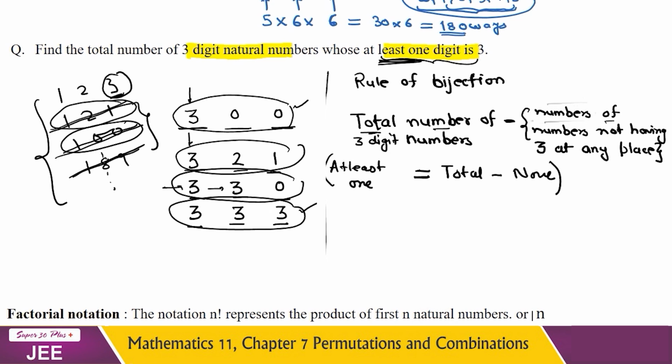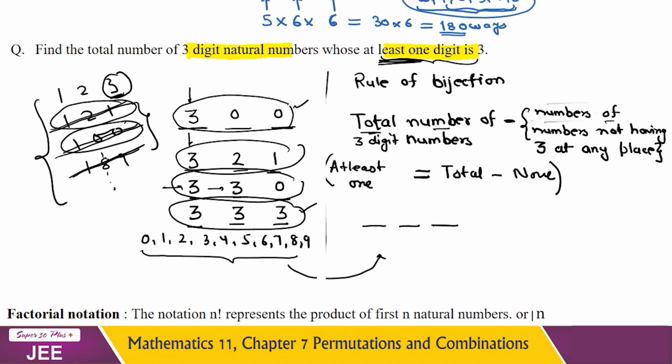So first of all, I am going to calculate the total number of 3-digit numbers. Now I have the digits 0, 1, 2, 3, 4, 5, 6, 7, 8 and 9. Using these 10 digits, I have to make 3-digit numbers. In these 3-digit numbers, in how many ways can the first place be filled? First place can be filled in 9 ways because 0 cannot occur at this place.